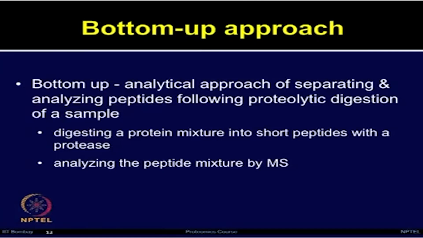So, let us now discuss what is bottom up approach. This is an analytical approach of separating and analyzing peptides following the proteolytic digestion of a sample. Let me give you the various steps involved in the bottom up approach.